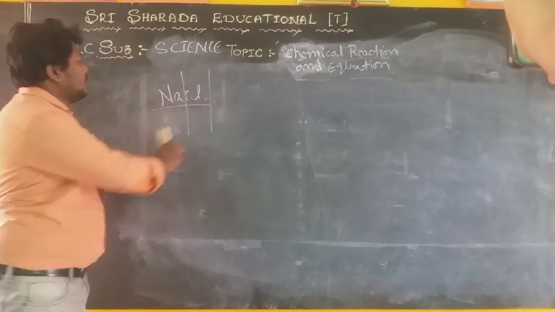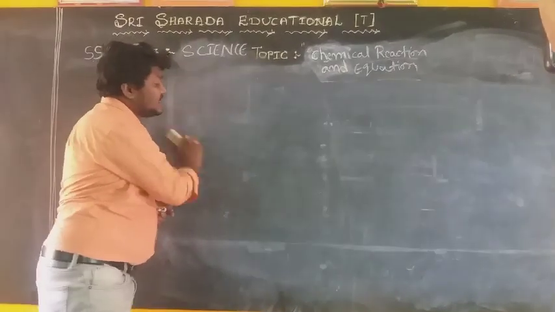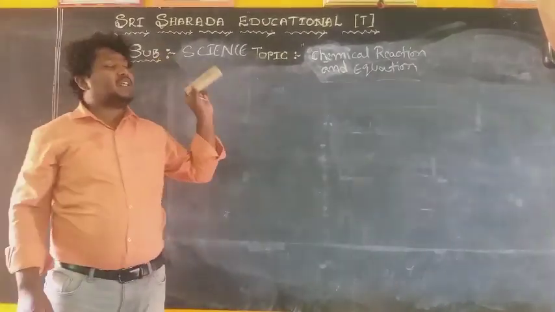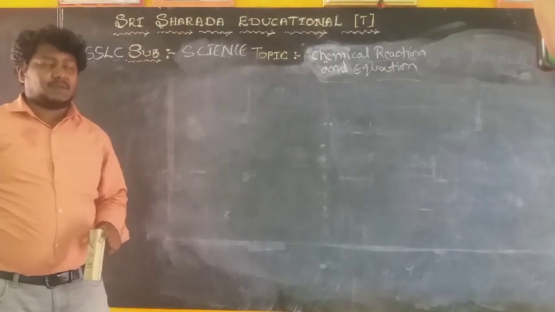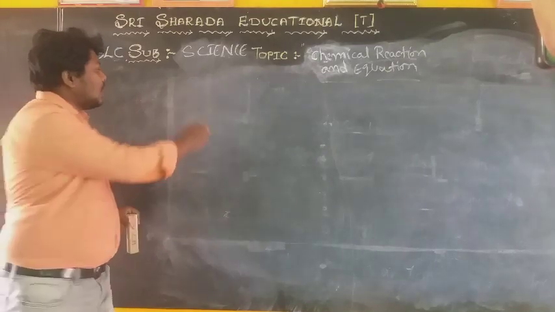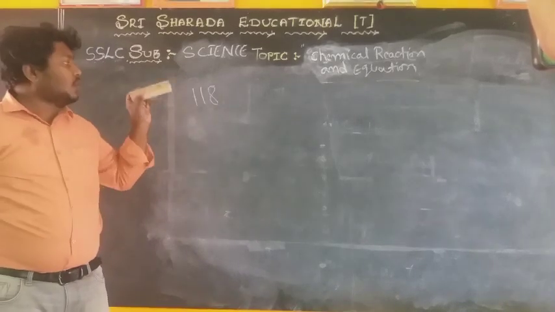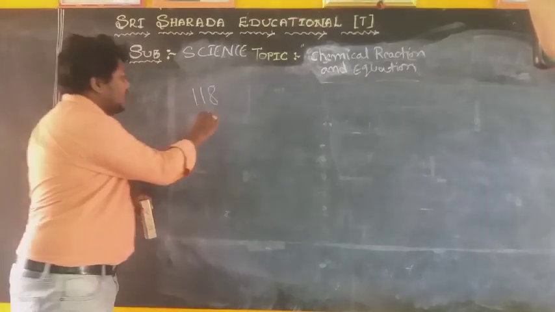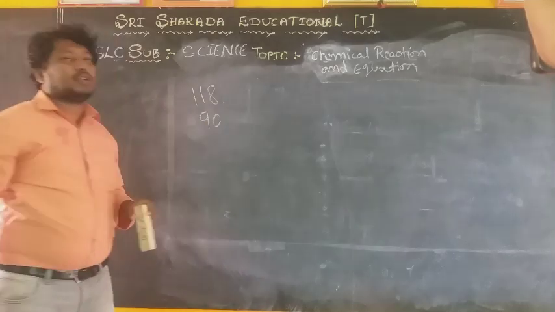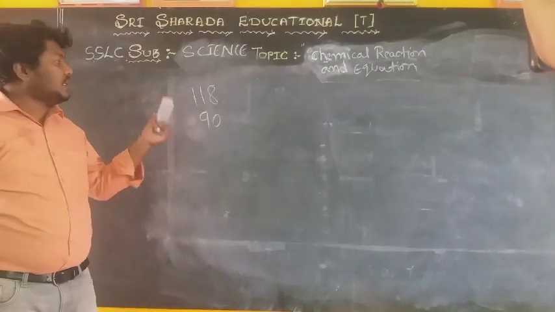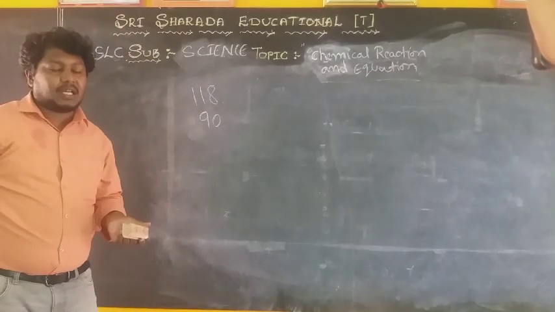Let us discuss what is meant by chemical reaction. You know that there are 118 elements present in nature. Out of these 118 elements, 90 are naturally occurring elements and the remaining are prepared in the laboratory.